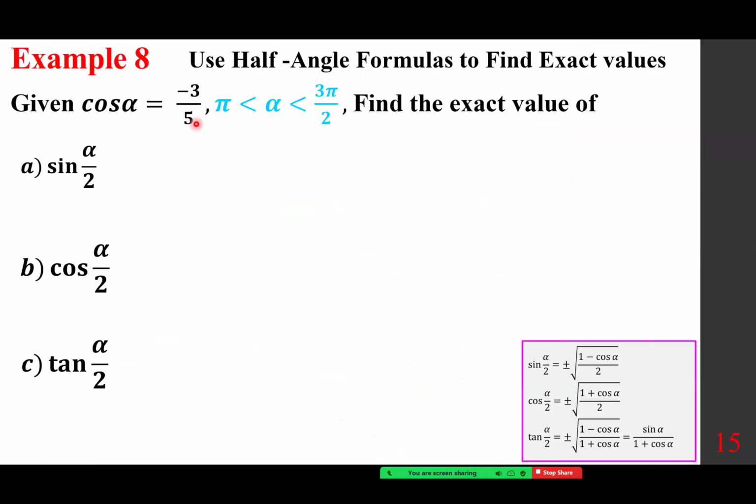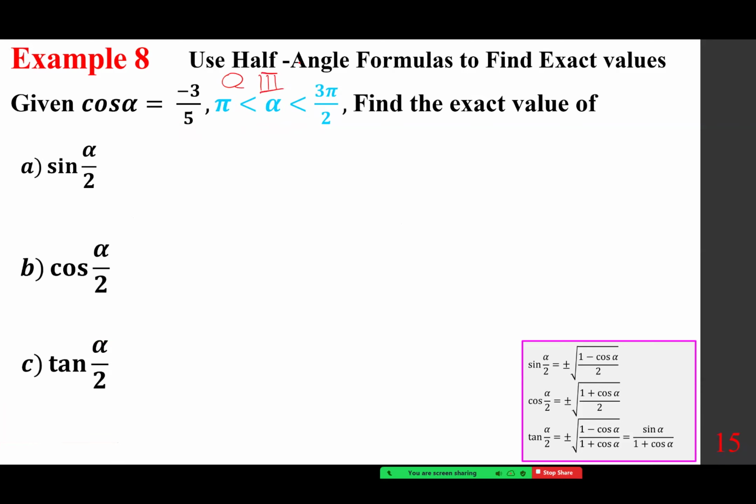Cosine alpha is given as negative 3 over 5, and alpha is between pi and 3 pi over 2. That means, just for the sake of argument, quadrant 3. But that's really not important.